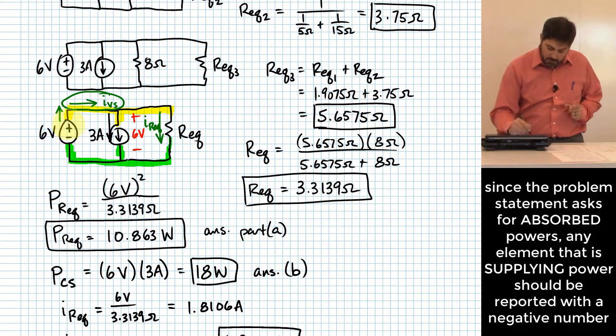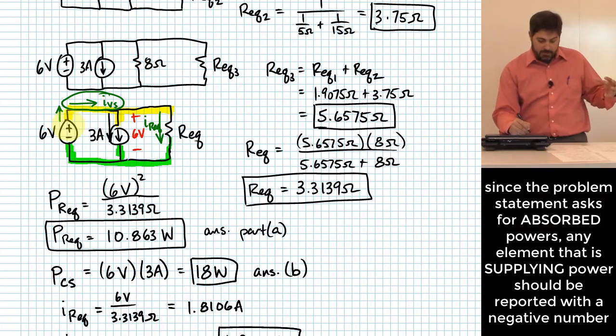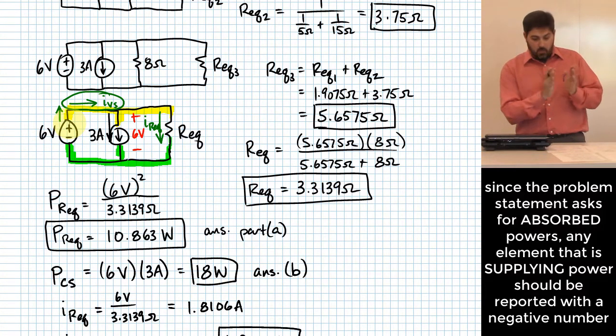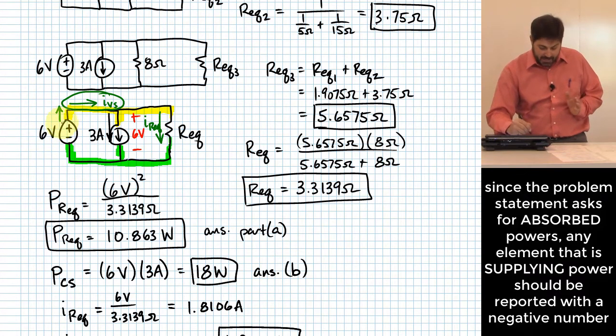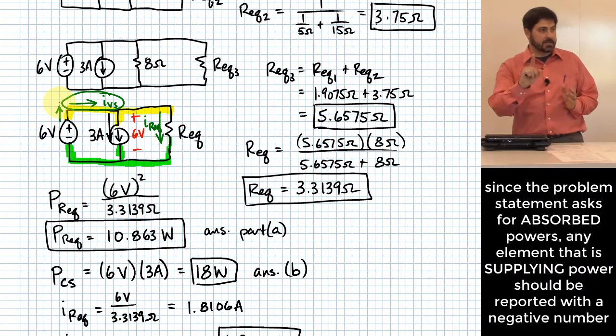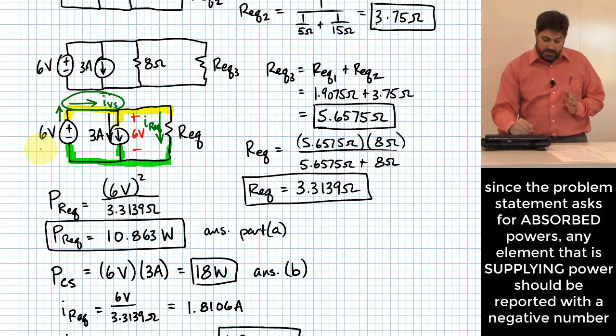And the 6-volt source has its polarity oriented so that the positive is upward. Whenever we first looked at our power scenarios, when you have a voltage that is positive on this end and you've got your current flowing out of the positive side, that means this is supplying power.